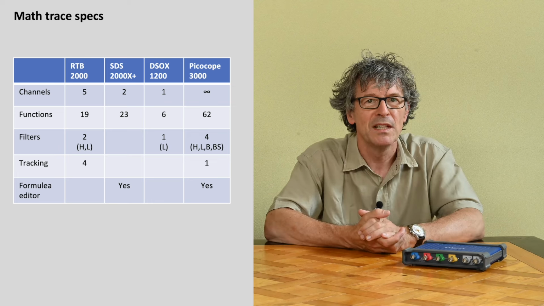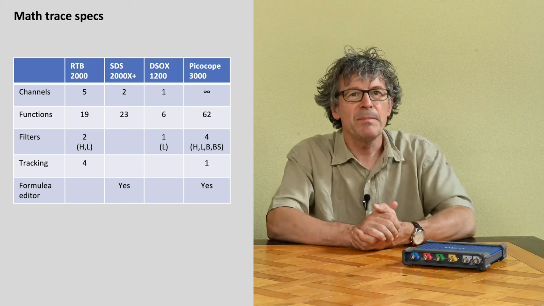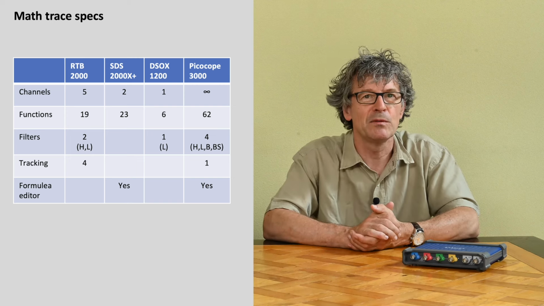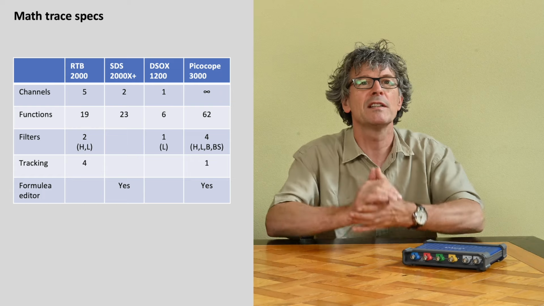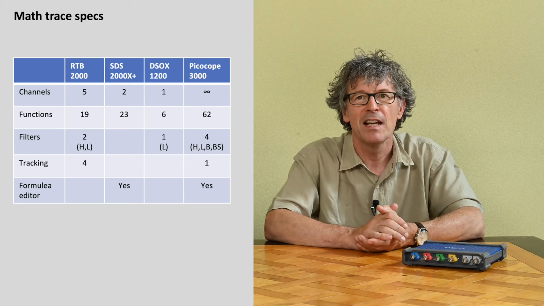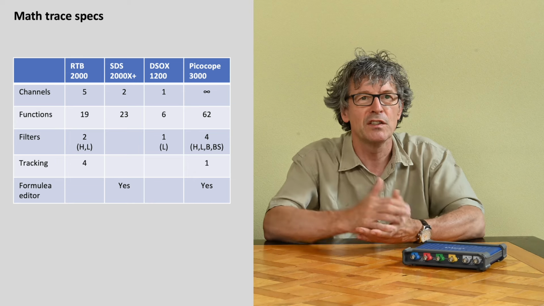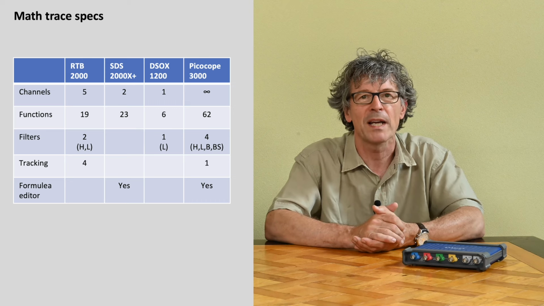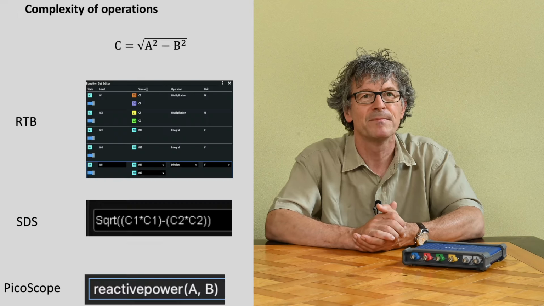We'll actually find that some oscilloscopes can deal with some types of challenges, others with other types of challenges, and only a few can deal with all of them. So it really depends on the specific implementation, much less on the sheer number of functions or channels. That will also be a bit the focus of my episode today.